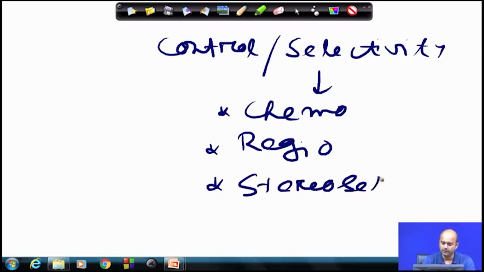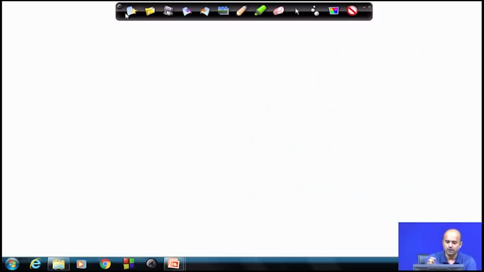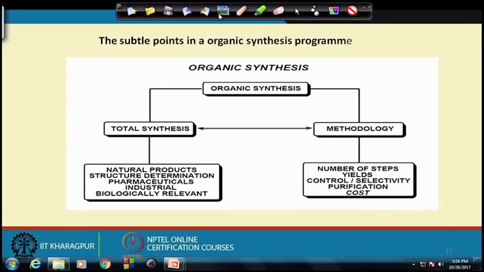All these points need to be clearly addressed in your synthetic design or synthetic pathway, then your entire pathway will be quite viable.